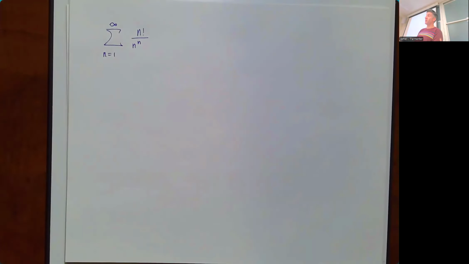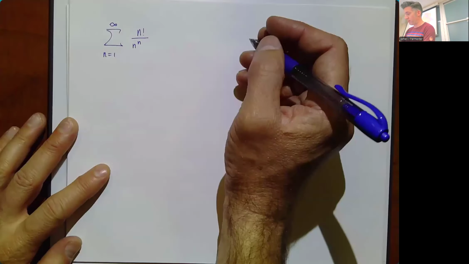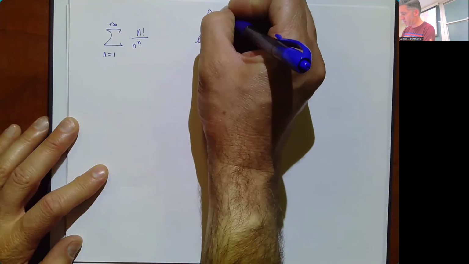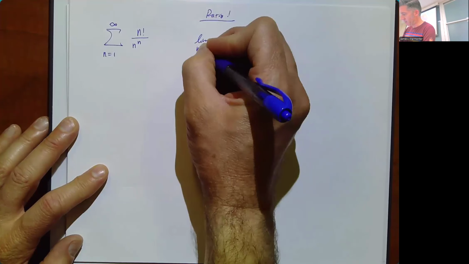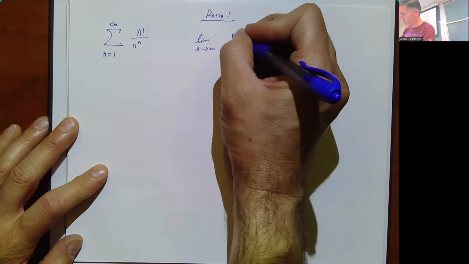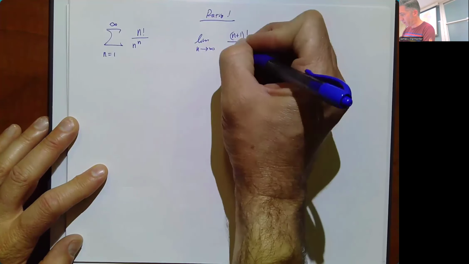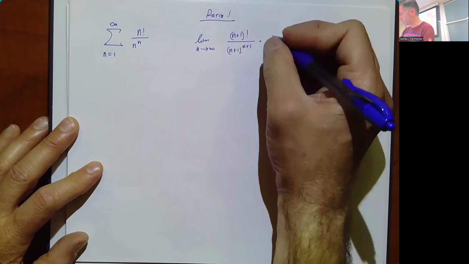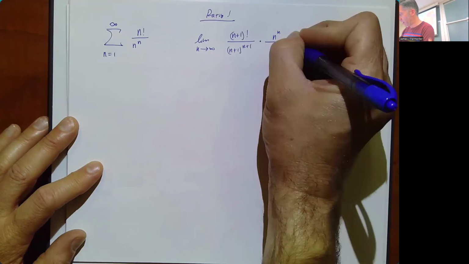This is definitely a time to use the ratio test. You've got all the things you want, but it's going to be a little bit weird. So we're going to take the limit of the ratio test as n goes to infinity of (n plus 1) factorial over (n plus 1) to the n plus 1 times n to the n over n factorial.